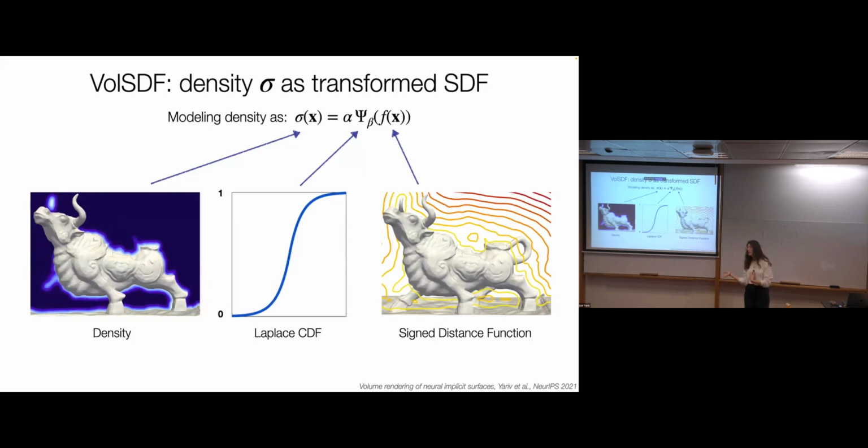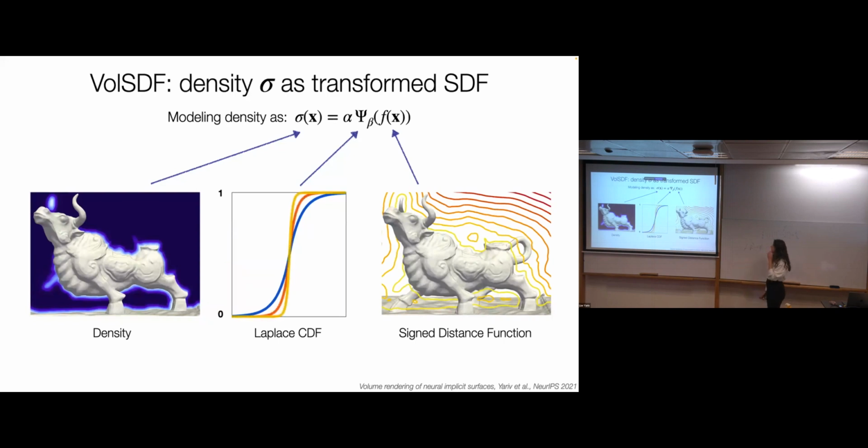I don't need masks, but I also regularize the density that I had for NeRF, and I can extract a well-defined surface out of this representation. Another way to think of it is adding some regularization to the NeRF representation of the density to model it better. Any more questions?